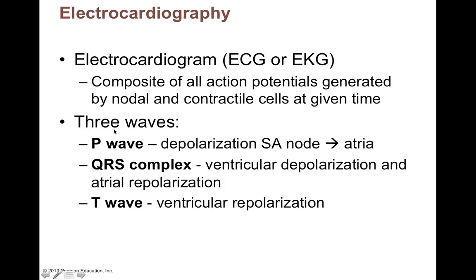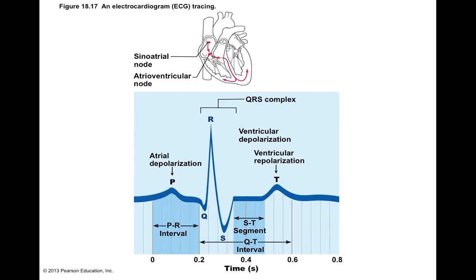So with the EKG, we're measuring the electrical events of the heart, and they occur in three key phases. We have our P wave, QRS complex or wave, and our T wave. Okay. So what this looks like is this. The P wave on an EKG is this upward deflection. But what's important to note, you guys, is that the upward deflection doesn't mean depolarization or repolarization.